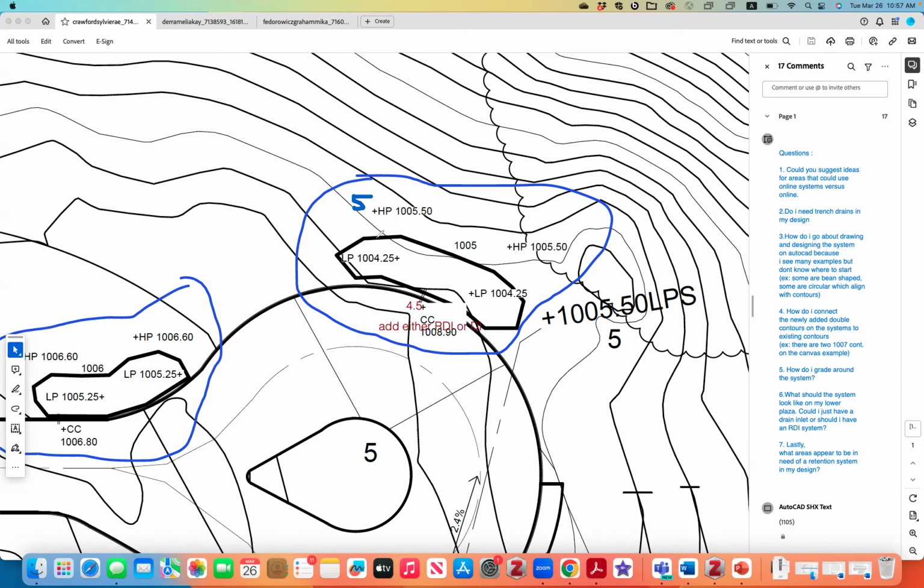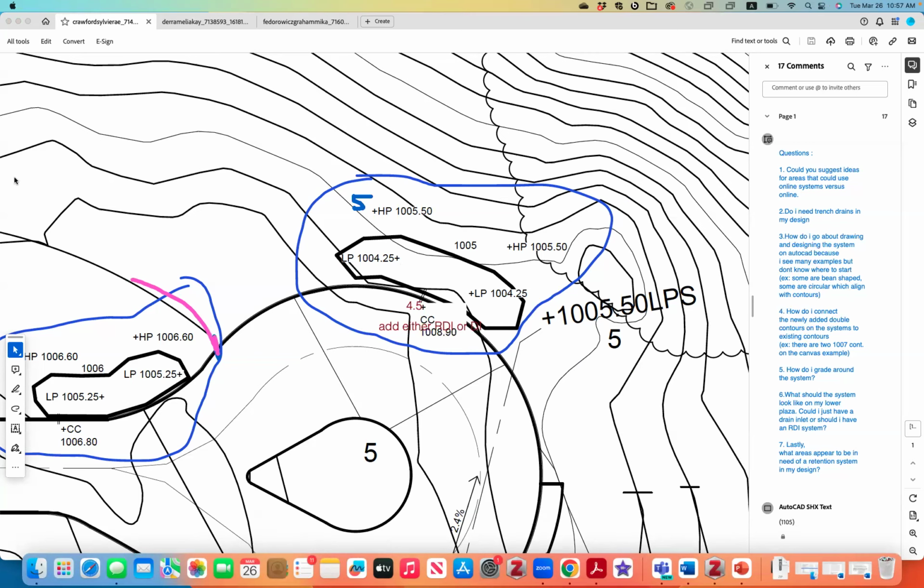And because of this, you need to change your 5 contour here, right? Very likely, this is where your 6 hits. See if this is your, yeah, that's your 6.